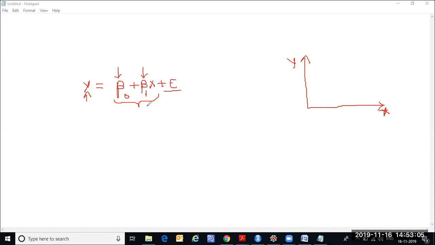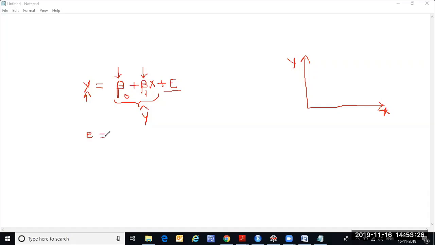this beta naught plus beta 1 x will be used to predict a value. If you are predicting a value of y, then you represent that as y cap. Y cap is nothing but the predicted value. The difference between y and y cap is nothing but the error that you are making with your prediction.